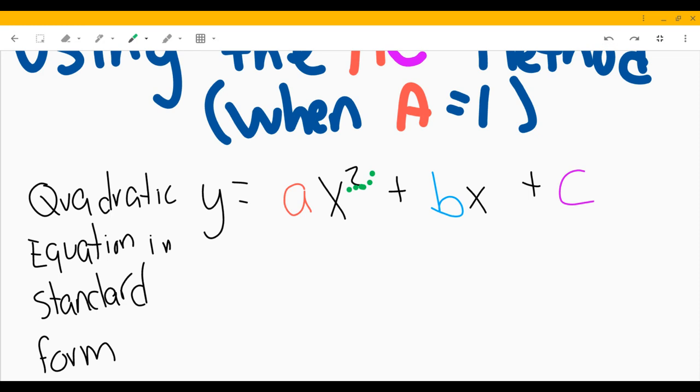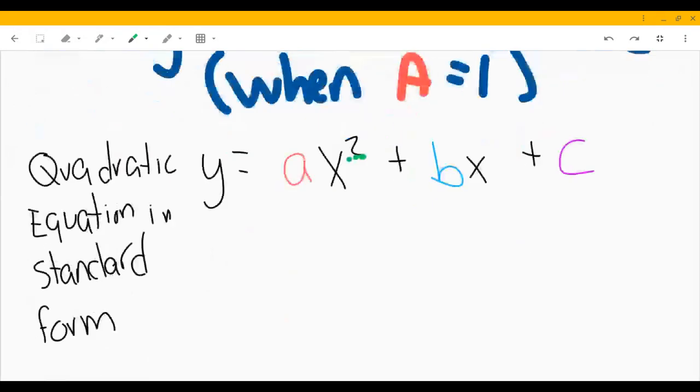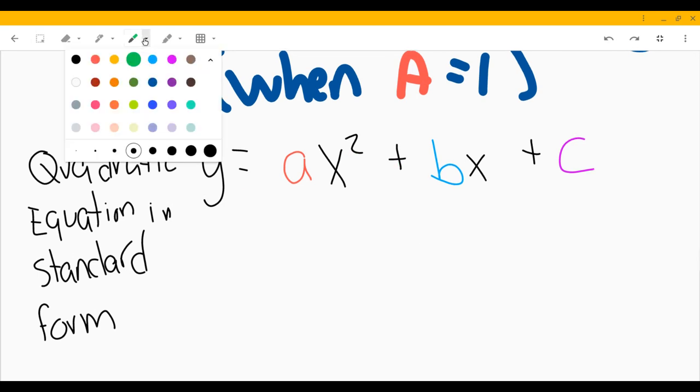Let's keep that in mind. So we're going to be focusing on factoring quadratic equations, mostly trinomials today. So in standard form, it's written as ax squared plus bx plus c. We're going to focus just on, again, when a is equal to 1.